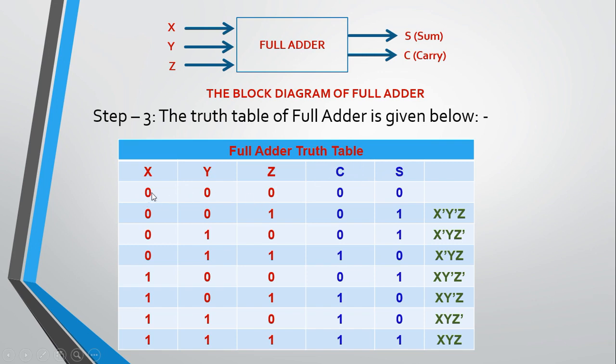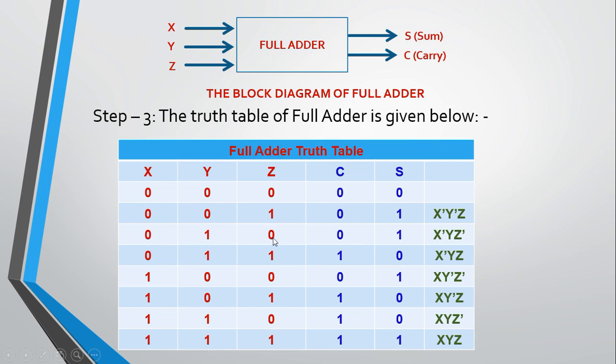So for 0 0 0 combination, output would be 0 in the sum column, right? Now consider the second combination. The second combination is 0 0 1. That means how many 1 are there? Only single. So sum would be 1. Again 0 1 0.